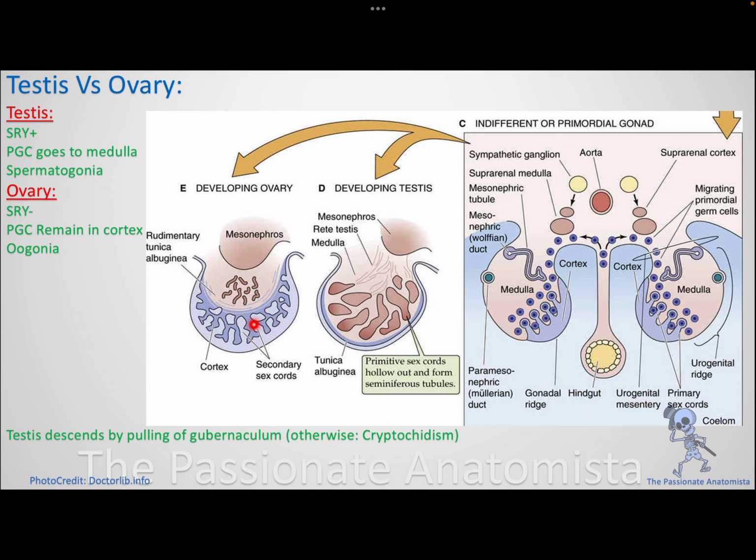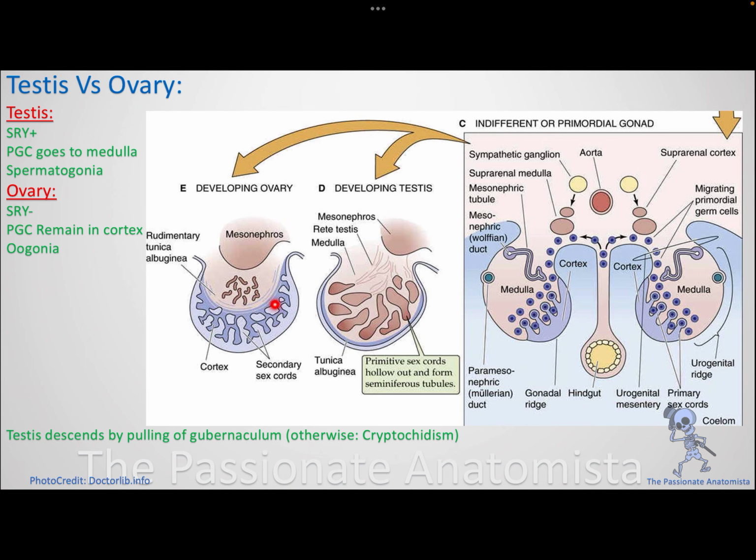Now with further development, guys, I just want you to know that the cortex in the ovary is going to thicken, all right, and you will have all the developing follicles in the cortex. However, it's going to thin in the male, forming only a very thin layer outside, the tunica albuginea, covering the bulk of the testis itself.